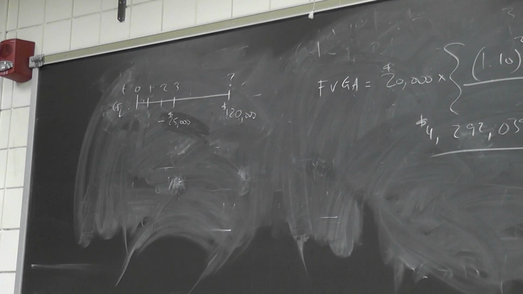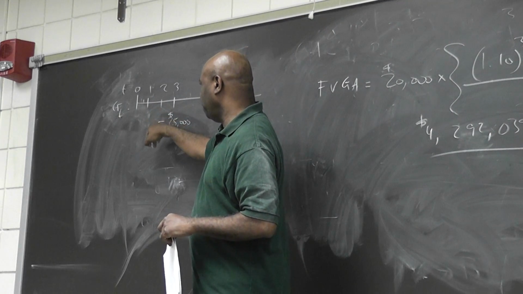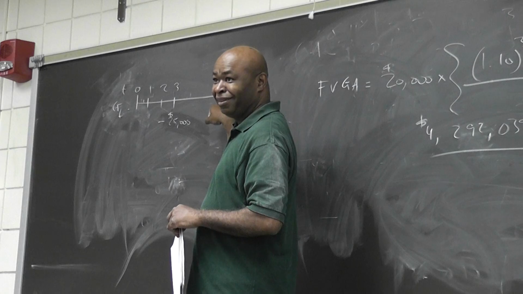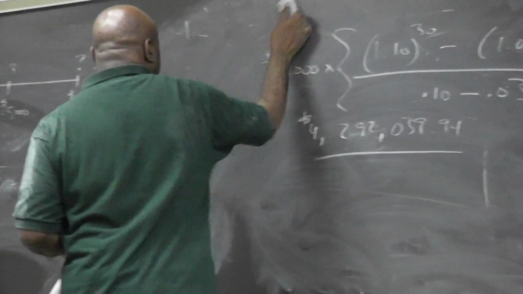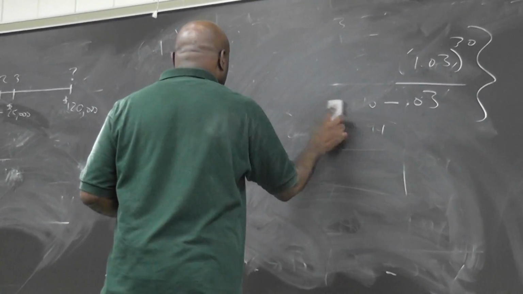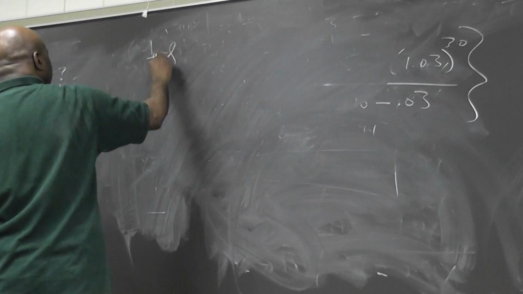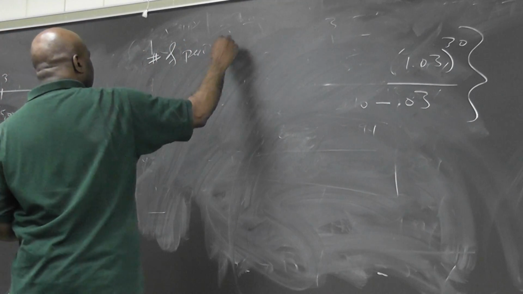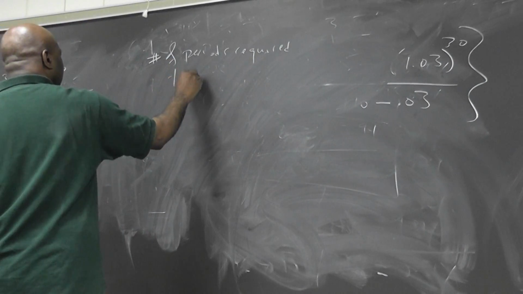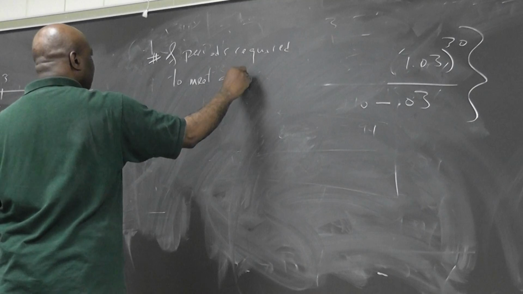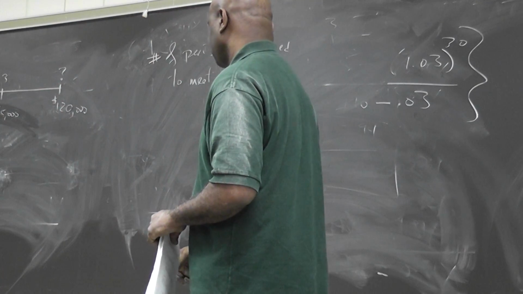So first, let's look for the number of periods between this period and this period, right? So it's a two-step process. The number of periods required to meet the goal.